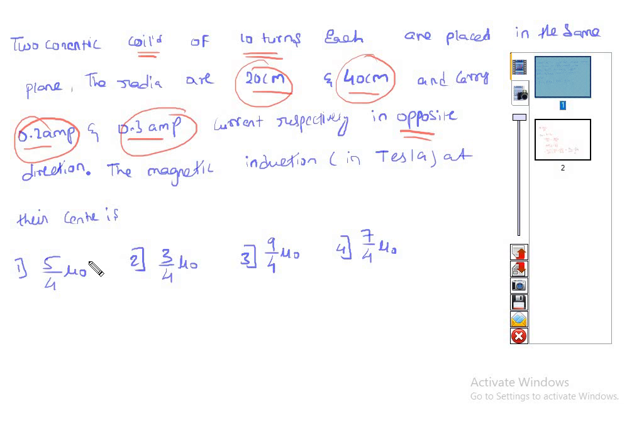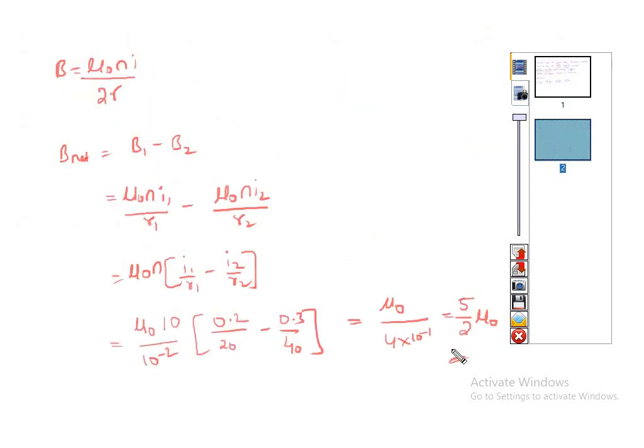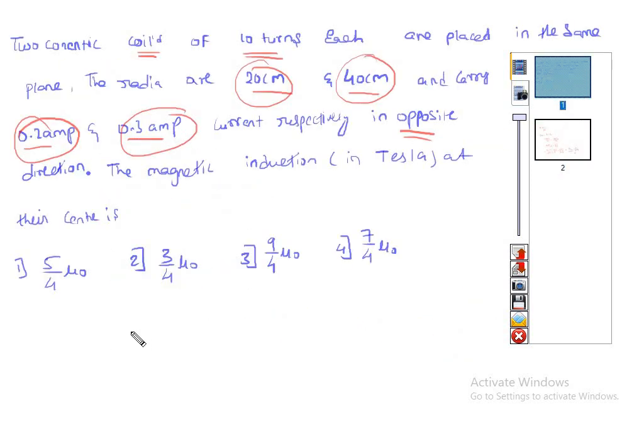So it seems like we don't have any option, but 5 by 2 mu naught is the correct option, right? I hope it is clear. So let's go for the next question.